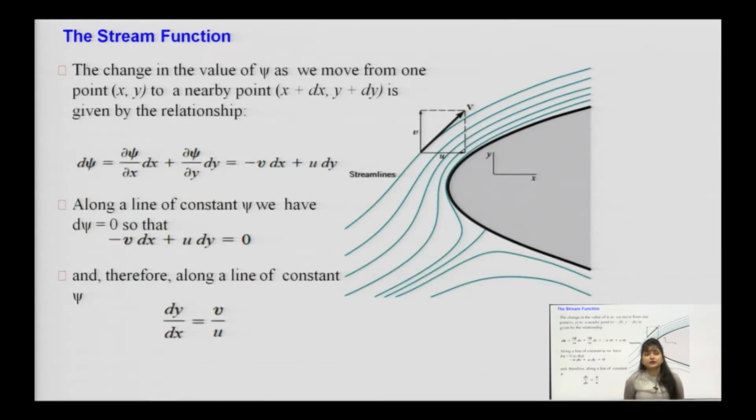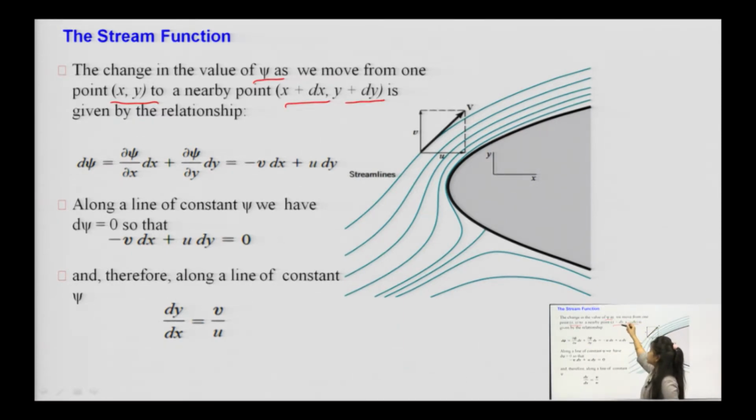Now coming to the velocity changes or velocity functions, you can see the change in psi is being represented by x, y at one point and x plus dx, y plus dy at another point.